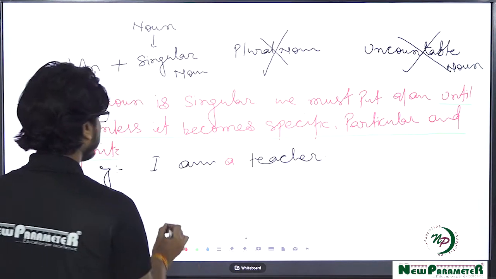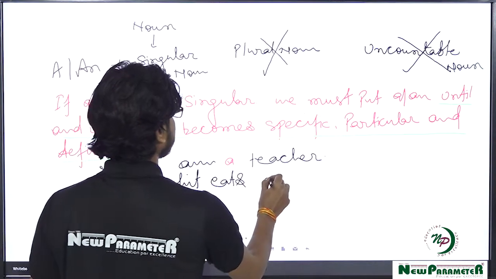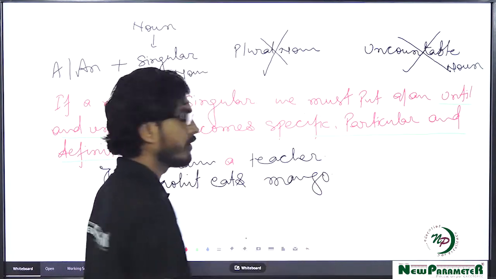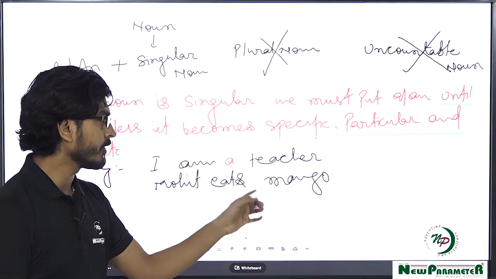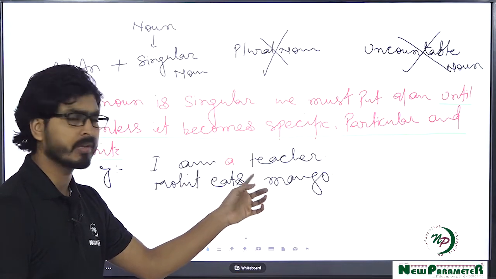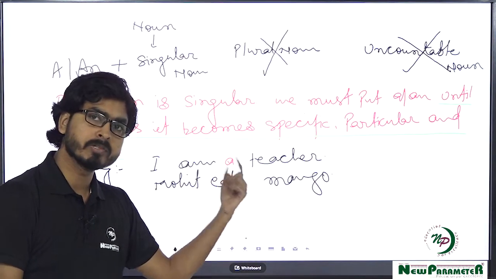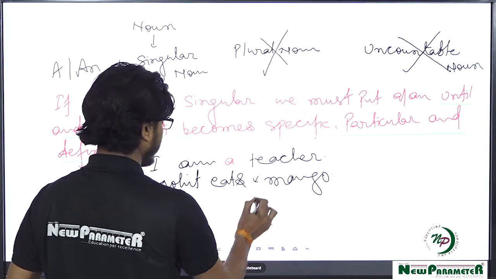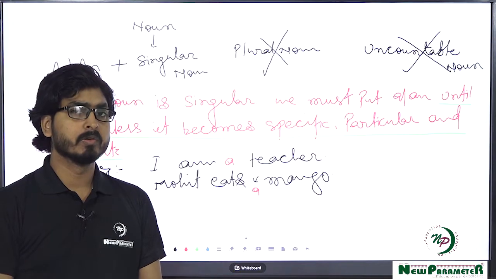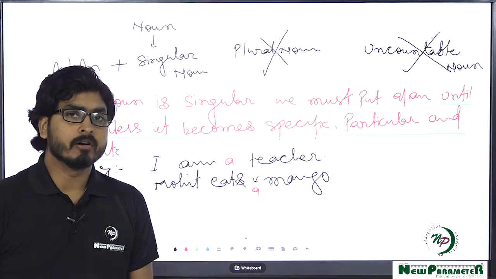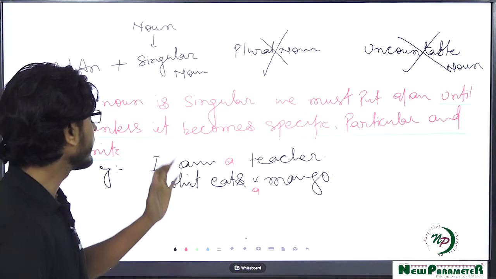If I say "Mohit, it's mango," it's a wrong one because mango is a singular noun. So it is not definite, not particular, and not specific. How it is not specific, I'll tell you. But right now, we'll see this is a singular noun, so we must put "a" just before it. So the right one will be "Mohit, it's a mango." So the conclusion is that any singular noun, if it is not definite, we must put "a/an" before that. So this is all about "a/an".